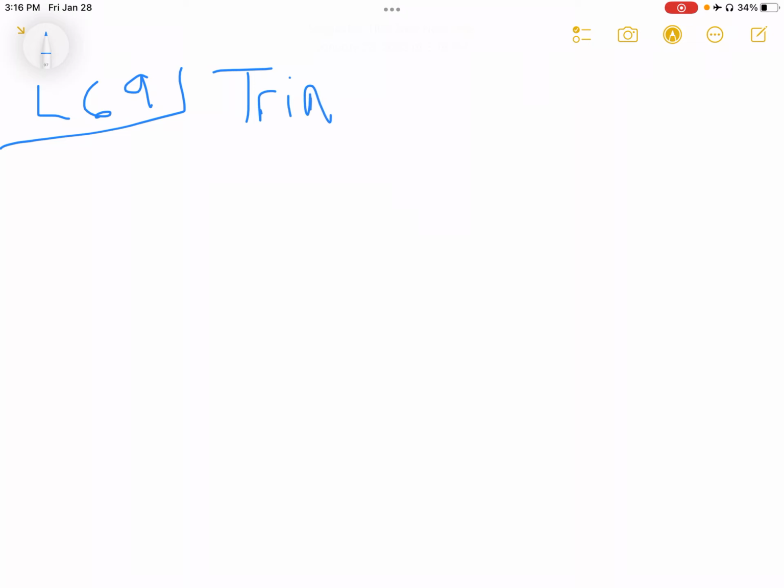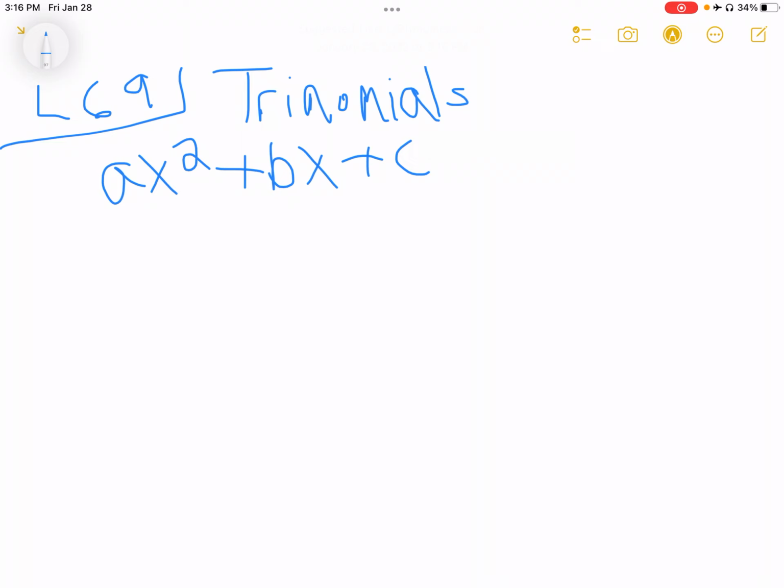So typically, we've talked about it already, with our supplement, we have ax squared plus bx plus c. The case that we're talking about here, in the last lesson we'll go into a little more detail about how these are done. But for this lesson, a has to always be equal to 1.